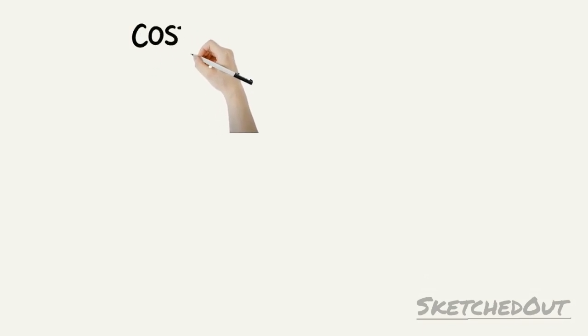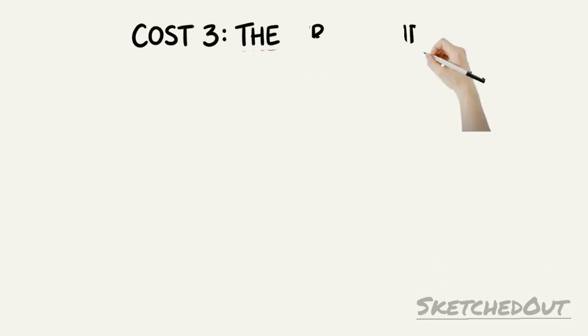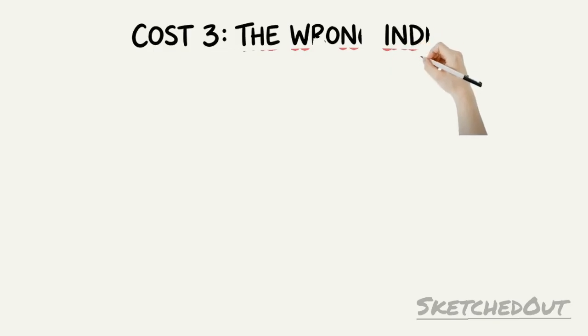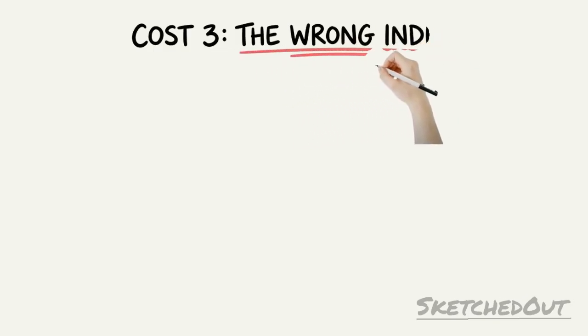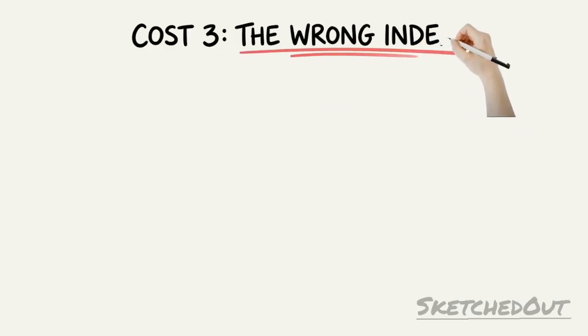Cost number 3 is subtler, and it's where indexes turn actively harmful. A wrong index is worse than no index. Here's what that means. When Postgres plans a query, it looks at what indexes exist and estimates the cost of using each one versus just scanning the whole table.